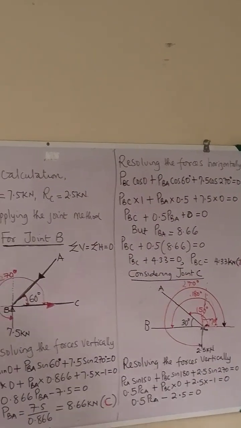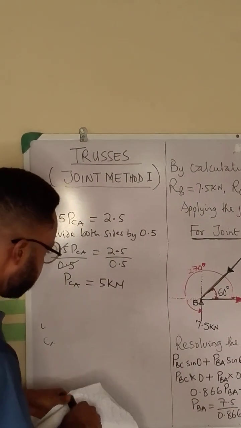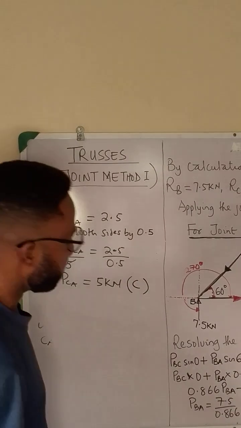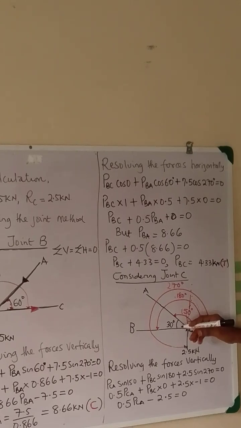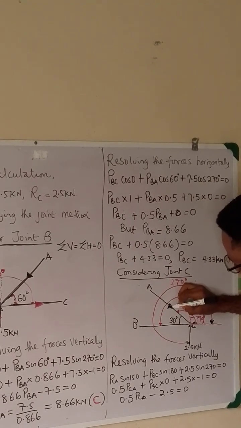So we have 5 kilonewton, and because the 5 kilonewton is positive, we'll call it compression. And so we can come to our CA. PCA is compression, so the arrow will be like this.